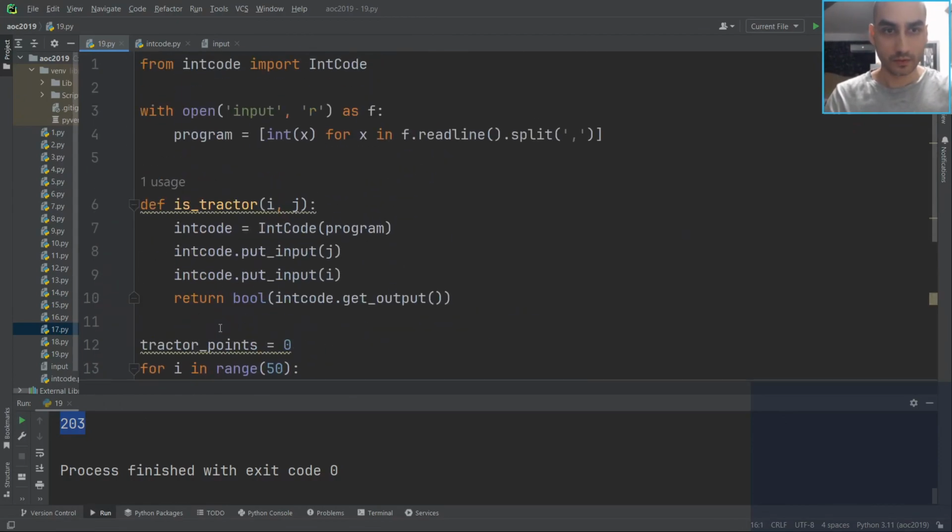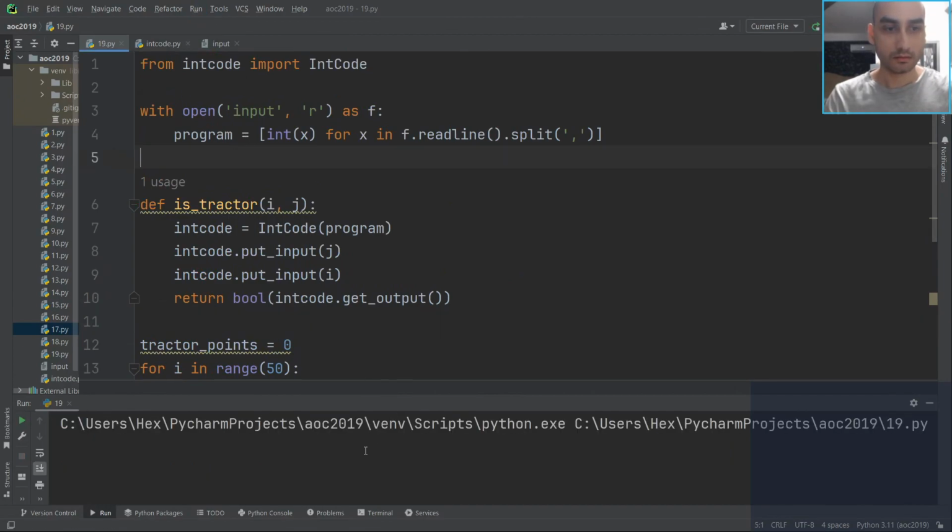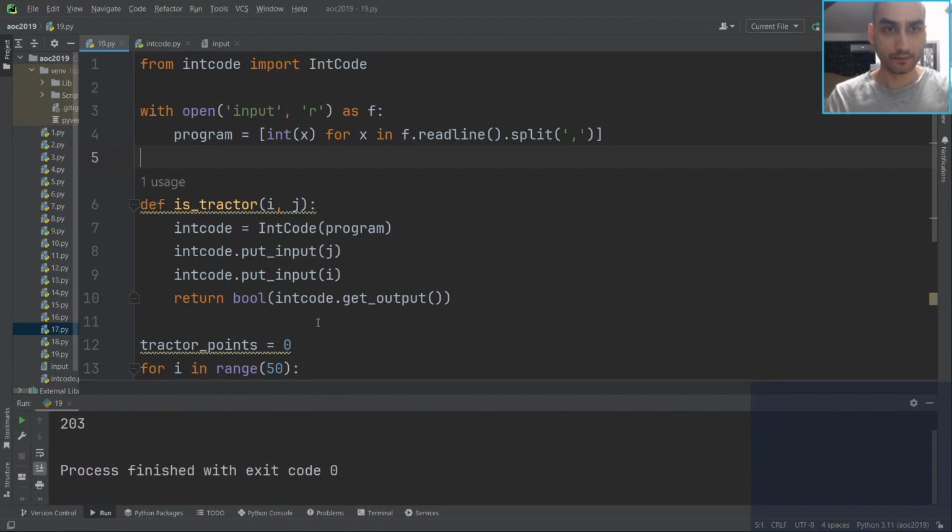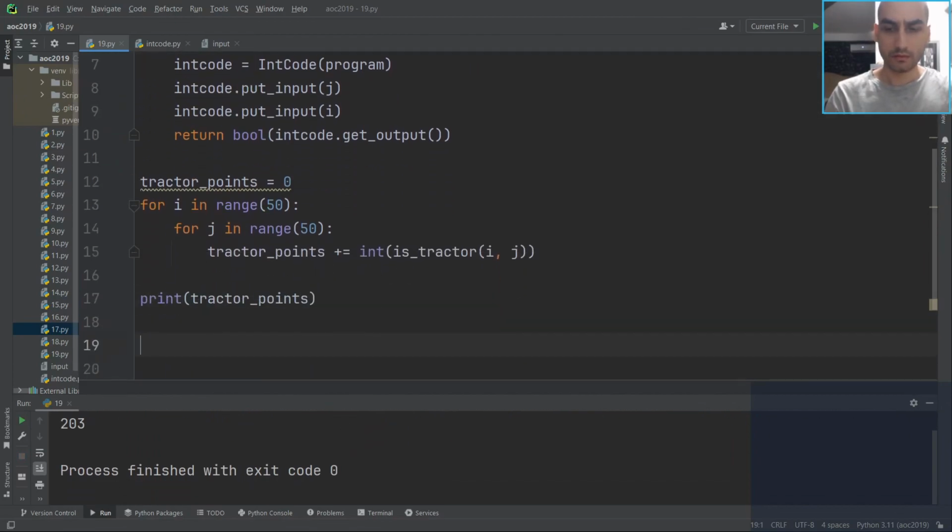Alright, so does that still give us the same answer? 203? Yeah, okay. So I feel like this problem might actually be very easy, I don't know.